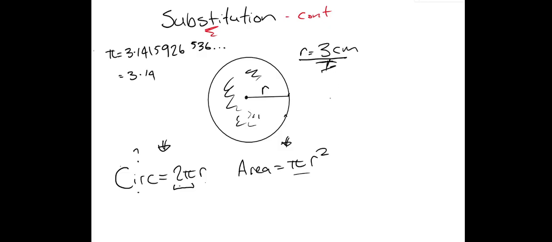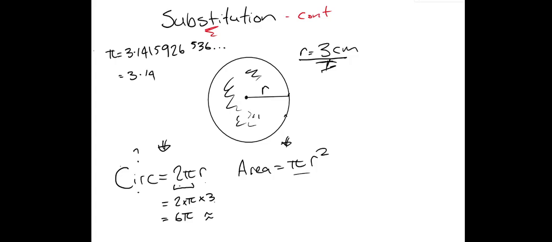It's up here, it's 3. Now, this is no longer a geometry question. This is now an algebra question. And our answer is going to be 2 times pi. And now we substitute r off, bring the 3 on, and it's going to be 6 pi.